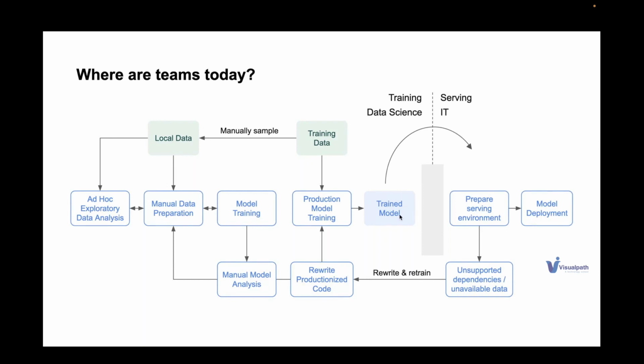Then they are giving it to the IT team or serving team, where the MLOps person will be. Here it will be the majority of data scientists, labeling, data analysts. These kinds of roles will be here. And there is a handoff. You can see this line, this is a manual handoff. That's why it's not connected.